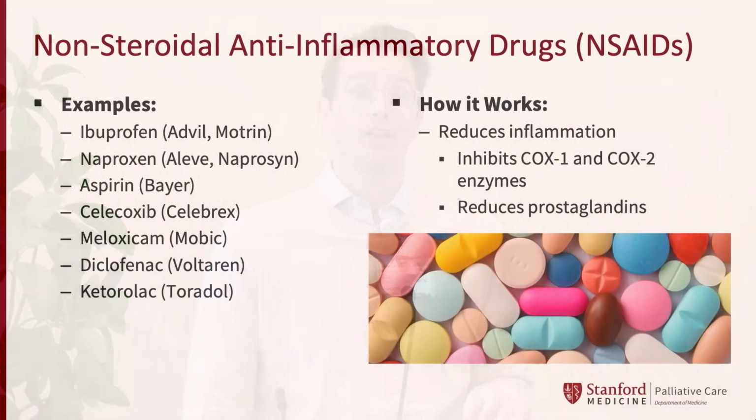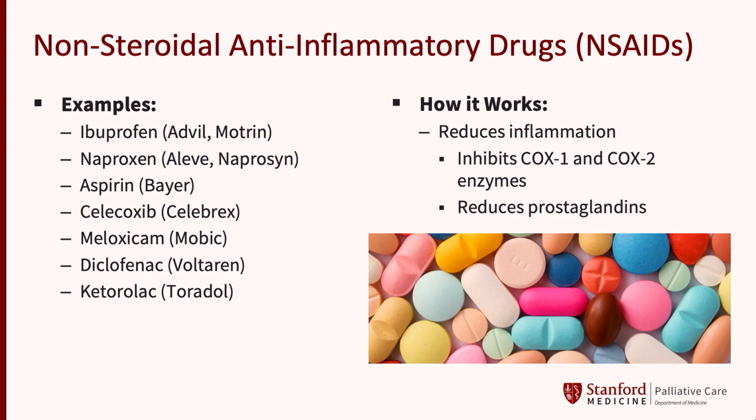Let's move on to talk about those non-steroidal anti-inflammatory drugs, or NSAIDs. There are a whole lot of NSAIDs out there: ibuprofen, naproxen, aspirin, celecoxib, meloxicam, diclofenac, ketorolac. A lot of them are out there. How do NSAIDs work? Remember that image that Amy and Jake showed that had all those abbreviations of things like prostaglandins and all these other substances in the tissues?